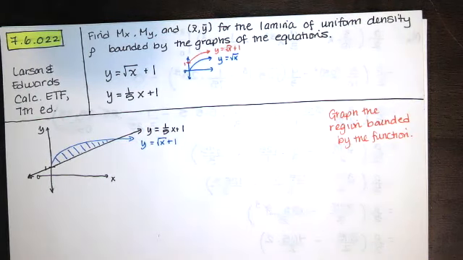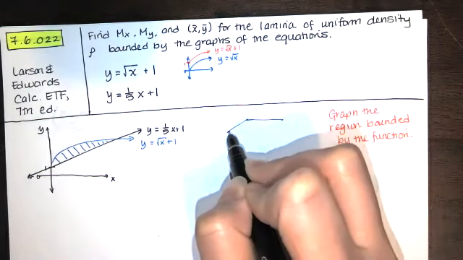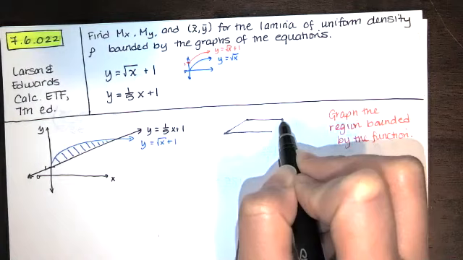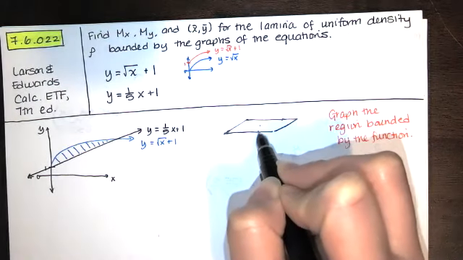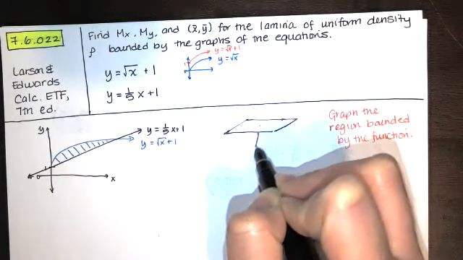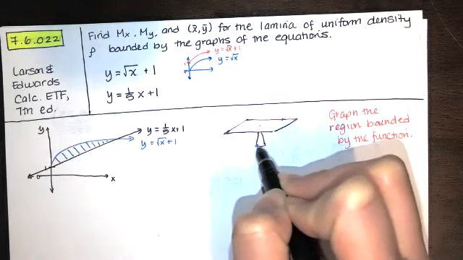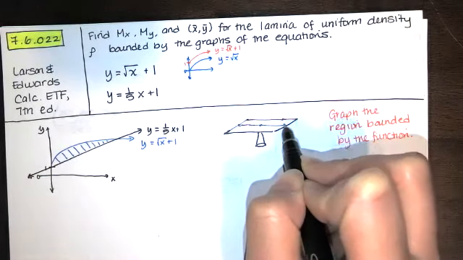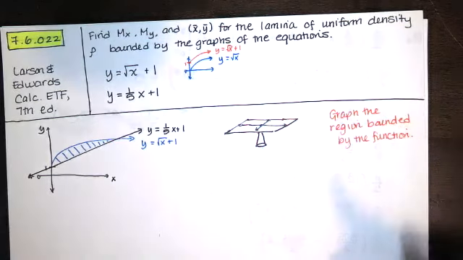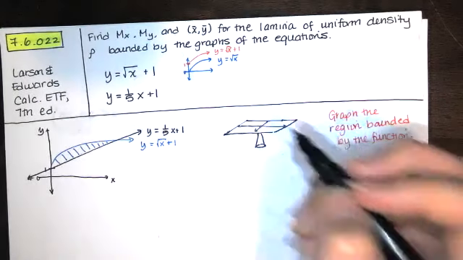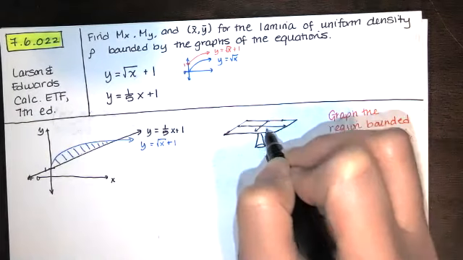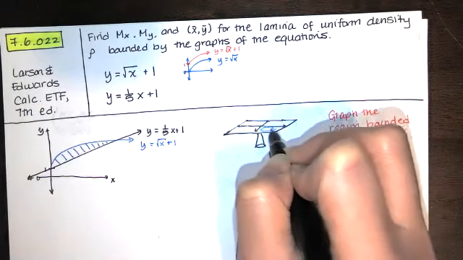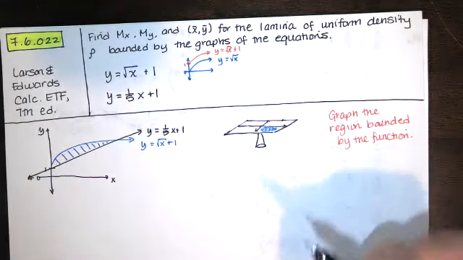So you're almost thinking of the xy plane resting on some fulcrum that looks like this at x equals 0, y equals 0. And you've got this region, what looks something like this over in some particular region, right?